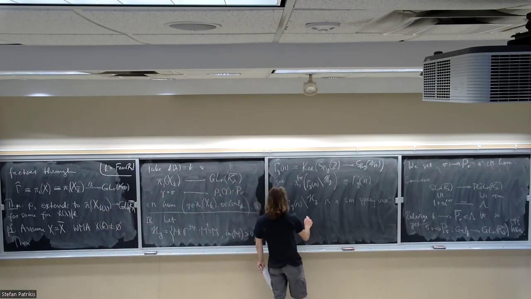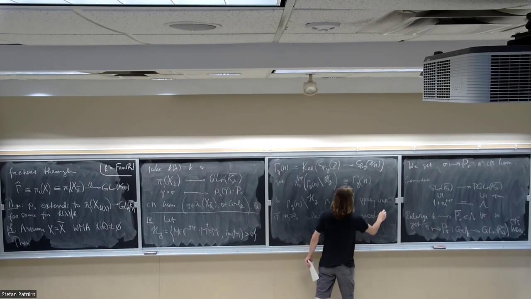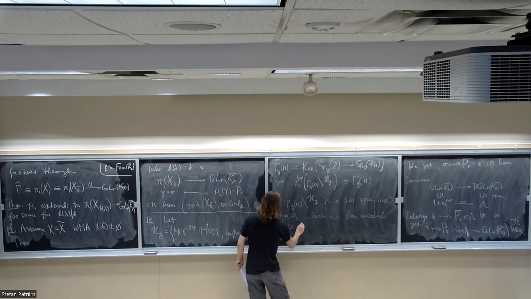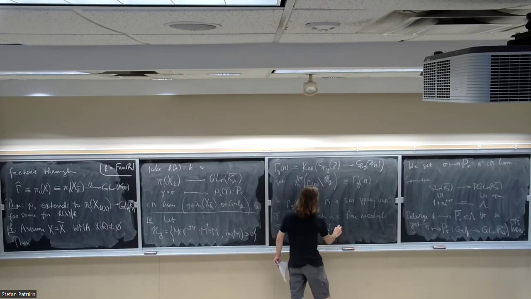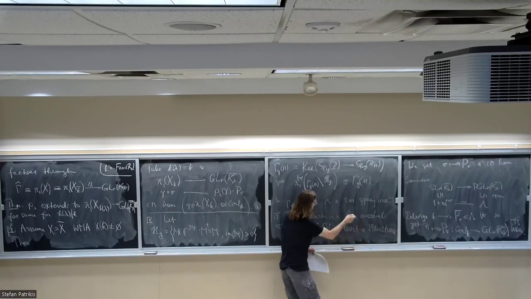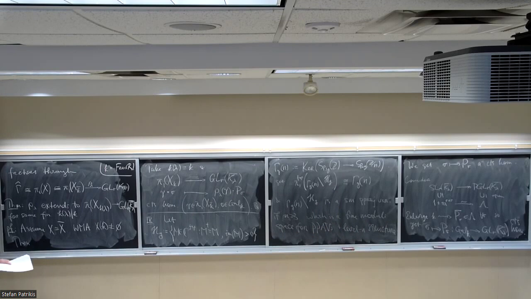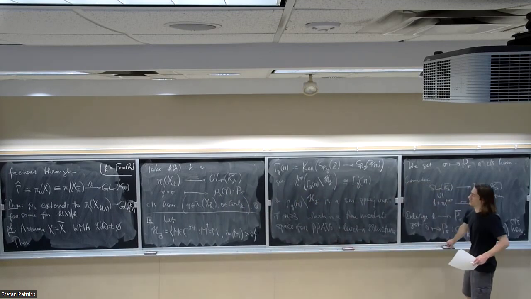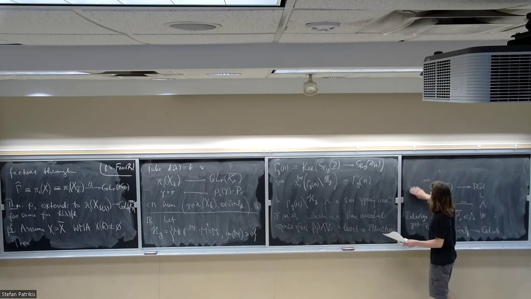It's a fine moduli space for principally polarized abelian varieties plus level n structure. This level n structure is essentially picking a symplectic basis for the n-torsion, and this is what's killing off automorphisms and allowing this to be a good moduli space. So it's a nice example of something that could have appeared as our X before, with a very explicit fundamental group.